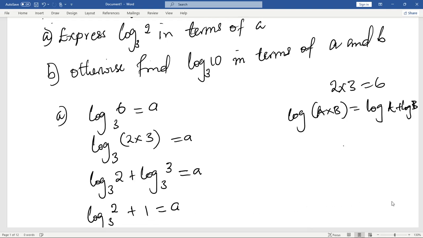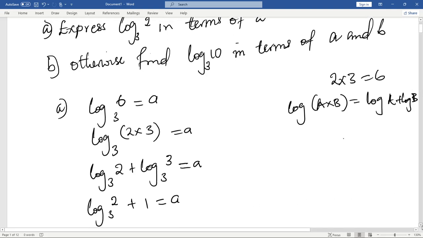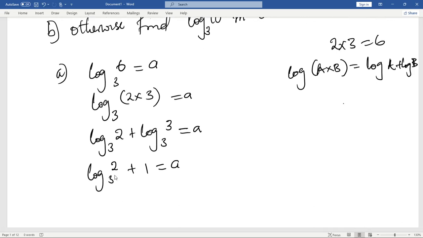Now we need to write log 2 to the base 3 in terms of a. So we simply shift the 1 to the other side, and we have log 2 to the base 3 is equal to a minus 1. So we've written log 2 to the base 3 in terms of a. This is the solution for a.